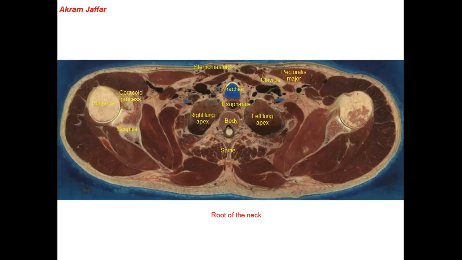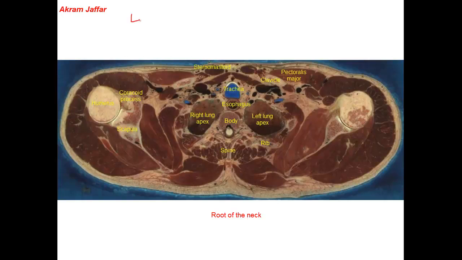Here we can see evidence of the ribs. For example, here and here and there are ribs, and this is because the ribs are obliquely set in the superior thoracic aperture.